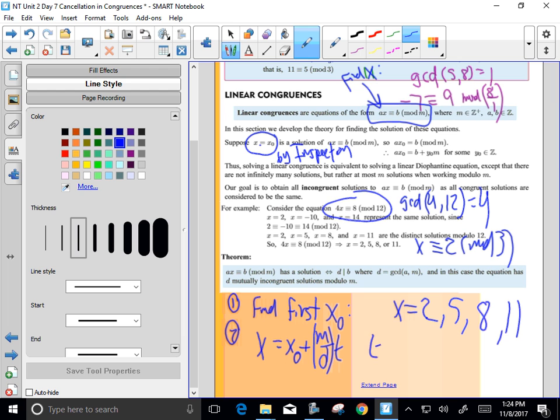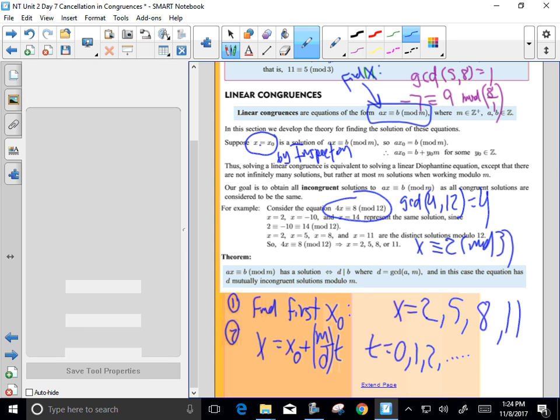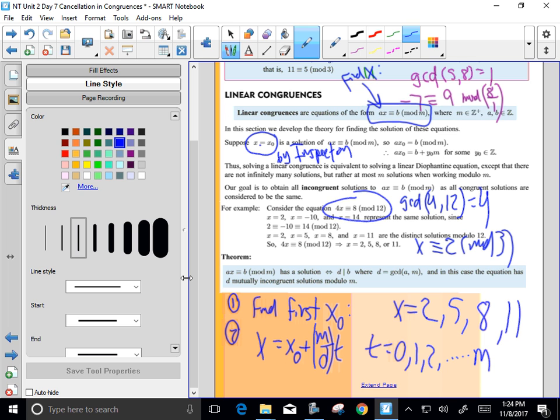And so t is going to be 0, 1, 2, all the way up to d minus 1, and you just put those in for t.